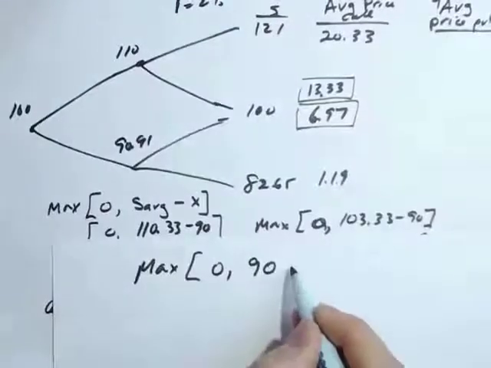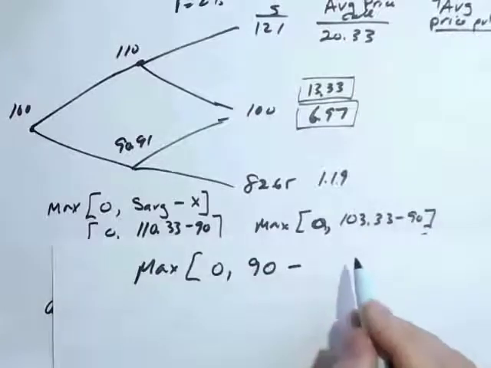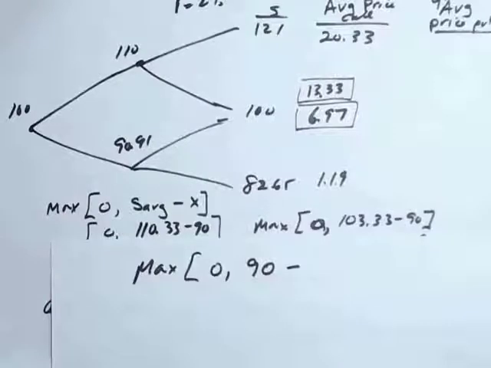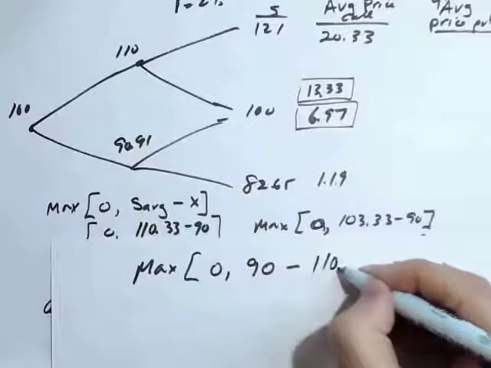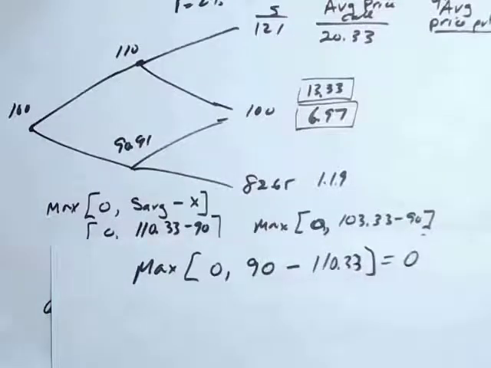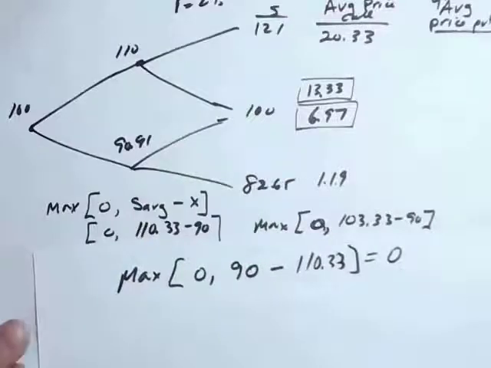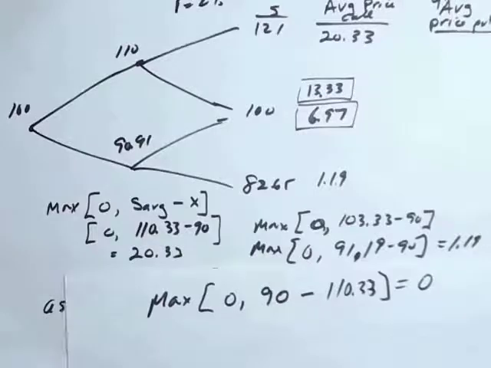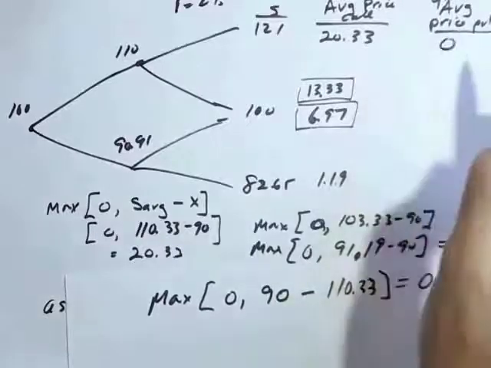So the strike is 90 minus the average price. And the average price on the double upswing was 110.33. And so that means it's a payoff of 0, because this is actually negative. So the payoff is going to be 0 here.